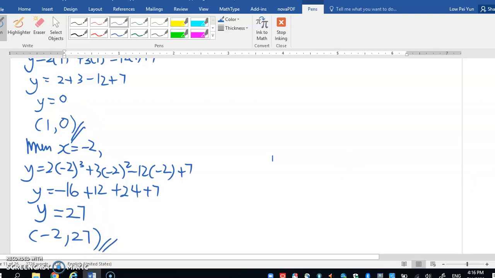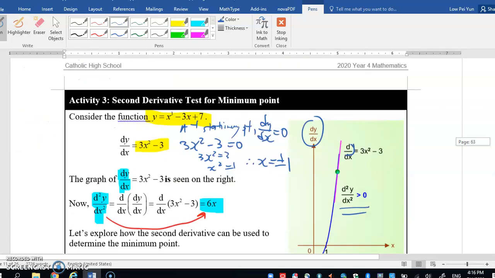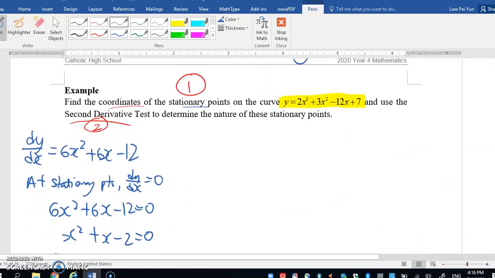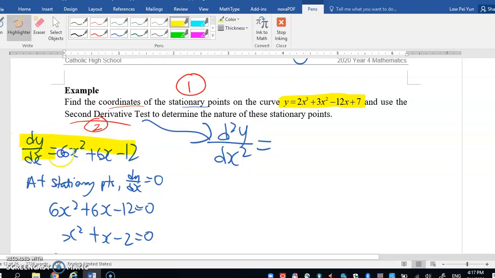My second aim is to determine the nature of these stationary points using the second derivative test. So now let us use the second derivative test, which means I need to find d2y/dx squared. So I'm going to differentiate this function. Don't mix up, this is the function I need to differentiate.